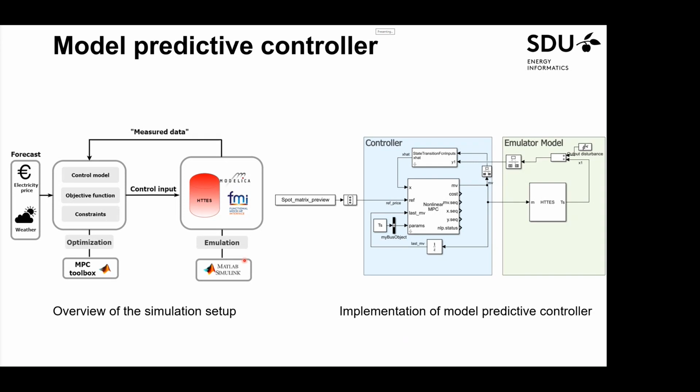The control part was done using the MATLAB MPC toolbox, where you define the control model, objective functions, constraints, and forecasts such as electricity price and weather, taking into consideration the heat losses of the tank. Following this setup, the MPC controller was developed like this, where this is the FMU and the nonlinear MPC controller is presented here.